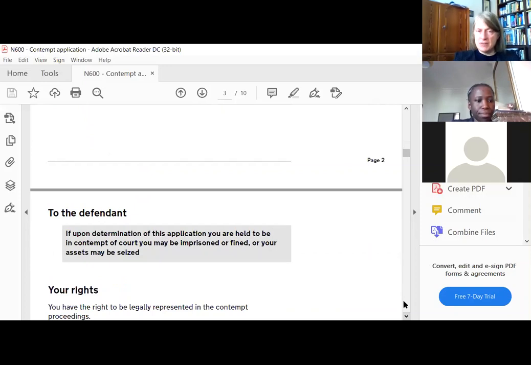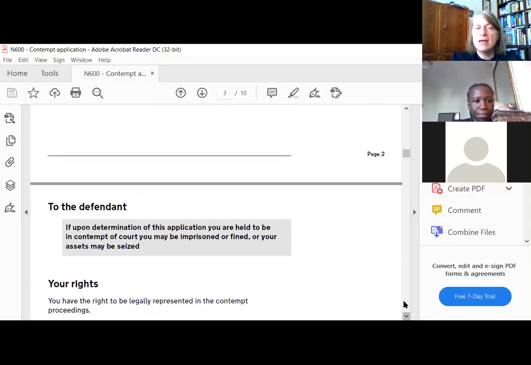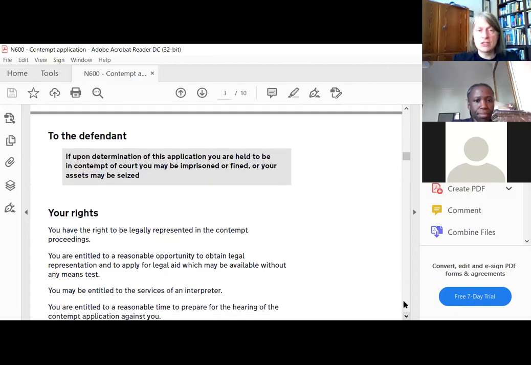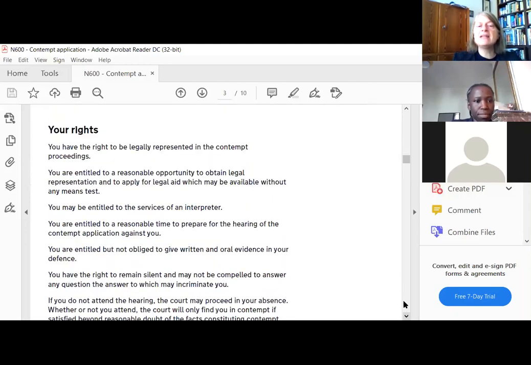And then, and Elizabeth has already touched on this, it's a part of the form that addresses the defendant and tells the defendant the potential consequences of a successful committal application, and then this list of rights as a reminder to the defendant of what her or his rights are.